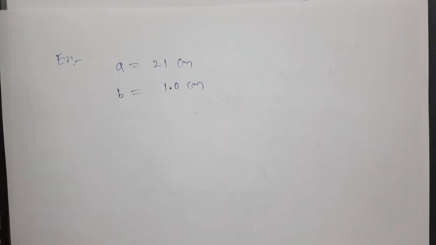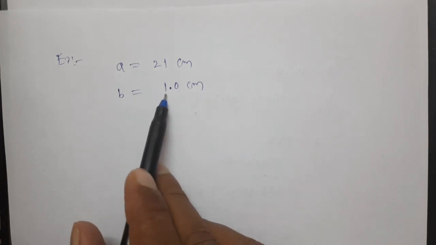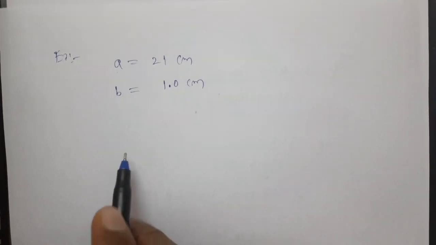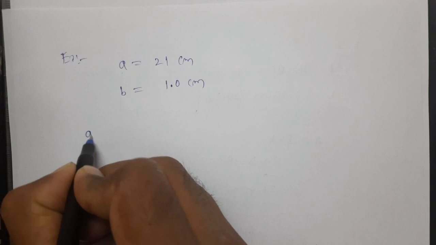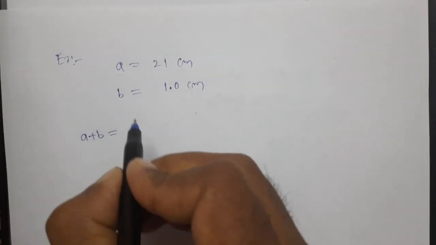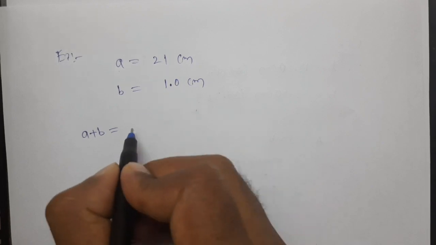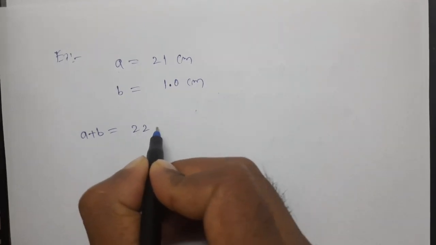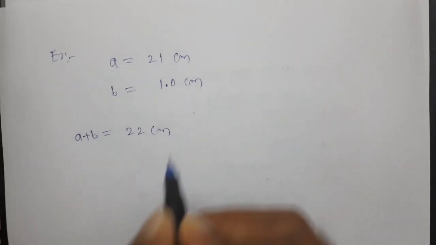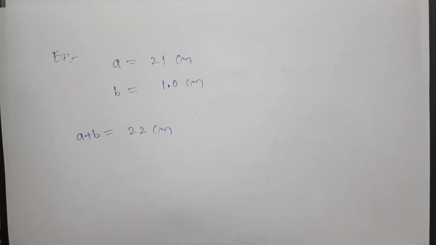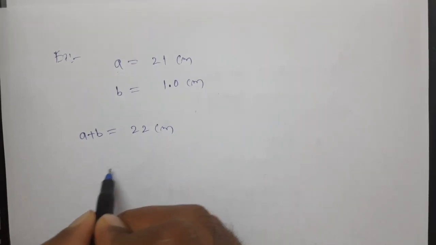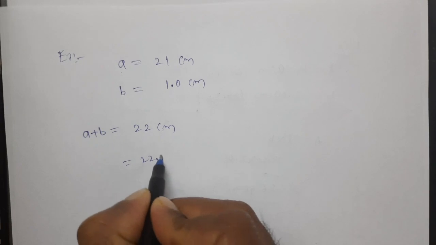When you add these two things, what do we get? 21 plus 1.0, isn't it? So here A plus B is equal to 21 plus 1.0. So the answer should be 22 centimeters, or 22.0 centimeters.